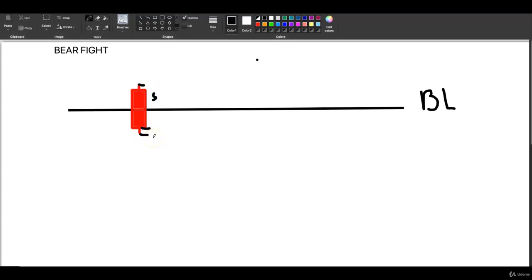Here still bears are winning. But still, what we have to do is wait for the second candlestick. The second candlestick is going to form again as a bearish candlestick. Then we are going to place our trade.